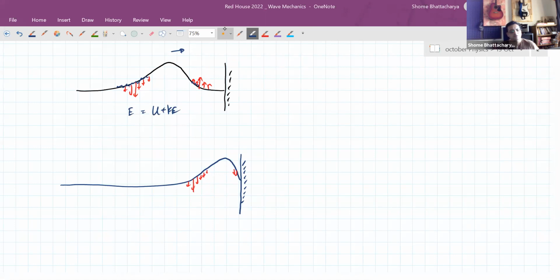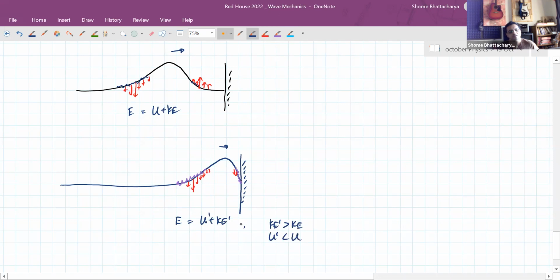But next instant, it's got the same total energy, but in comparison more kinetic energy because these parts are rapidly coming down. The kinetic energy is increased compared to the earlier kinetic energy. Potential energy is decreased because you can see the size of that shape has become less. Now the physical dimension has become less.